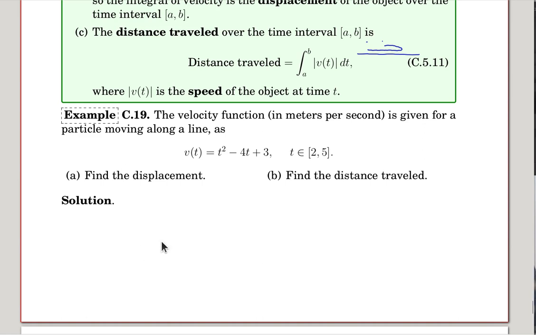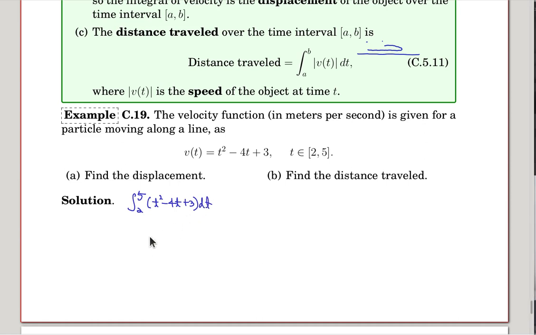Okay, let's try to solve this problem. The velocity function is given for a particle moving along a line as here, and t is moving from 2 to 5. The displacement is basically the integration from 2 to 5 of simply the velocity, so that's the integral of t squared minus 4t plus 3 dt.